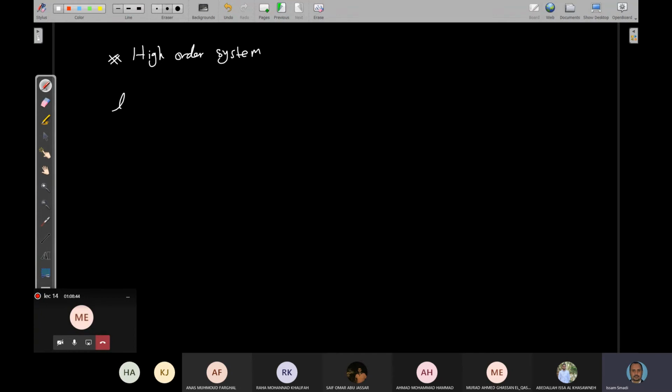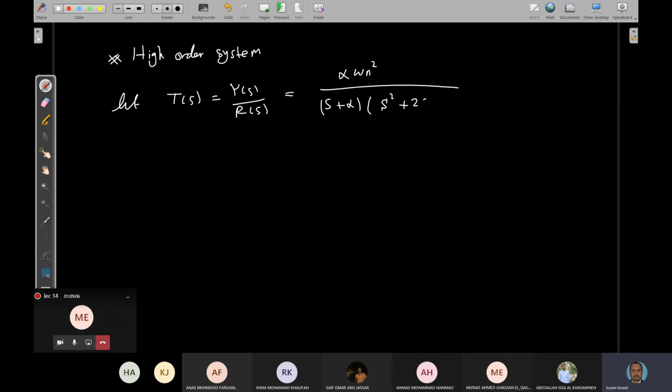For that, let's start with a simple example. Let T of S, the closed loop transfer function, which equals Y of S over R of S, equal omega n square times S plus alpha, over S square plus 2 zeta omega n S plus omega n square.